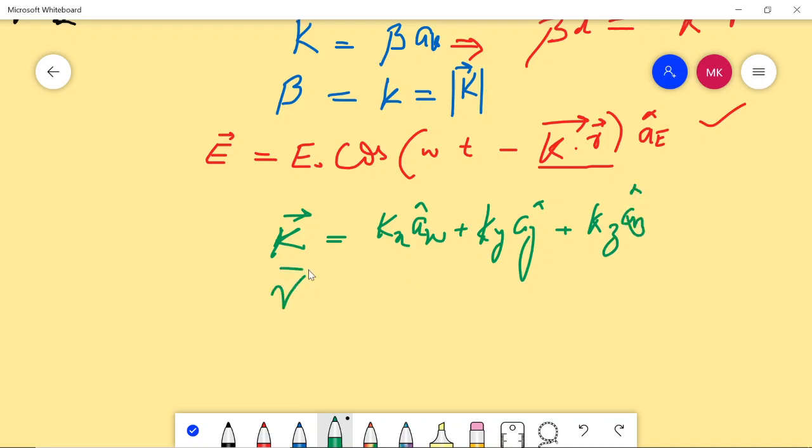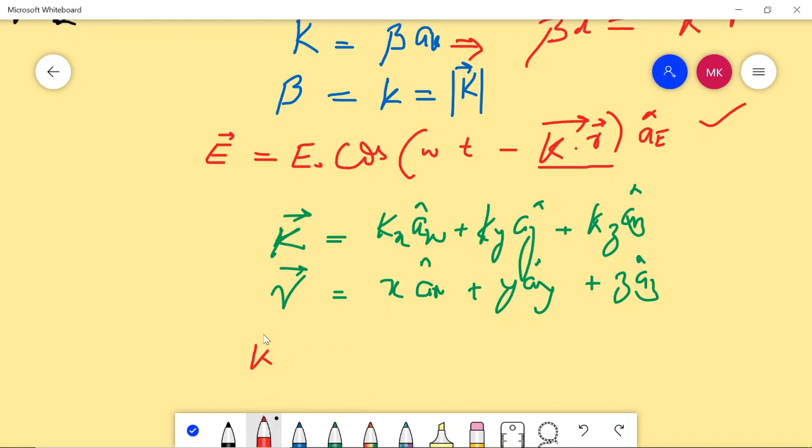And R is a position vector: once you are given x, y, z, it will be x ax plus y ay plus z az. Therefore k dot r will be just kx x plus ky y plus kz z.